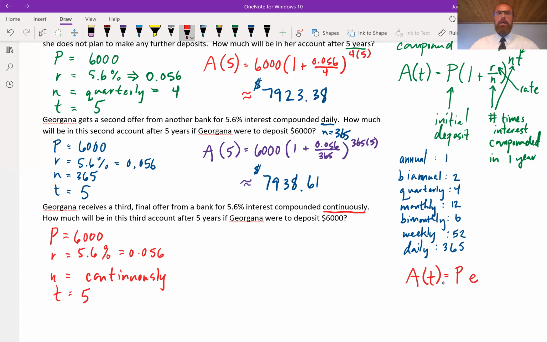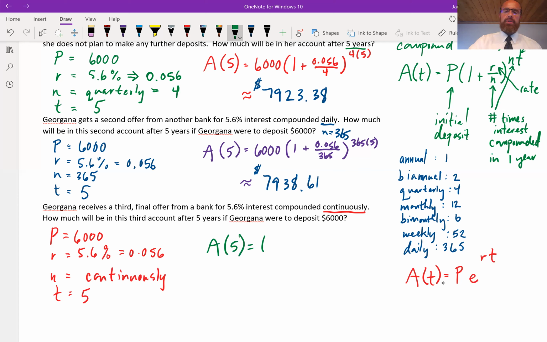So really this is an application of that exponential base e. Remember that had a value of about 2.71. To finalize this, it's e to the power of r rate times time. So in a way, it's a simpler formula. Let's use it here. So I want to calculate A at 5.